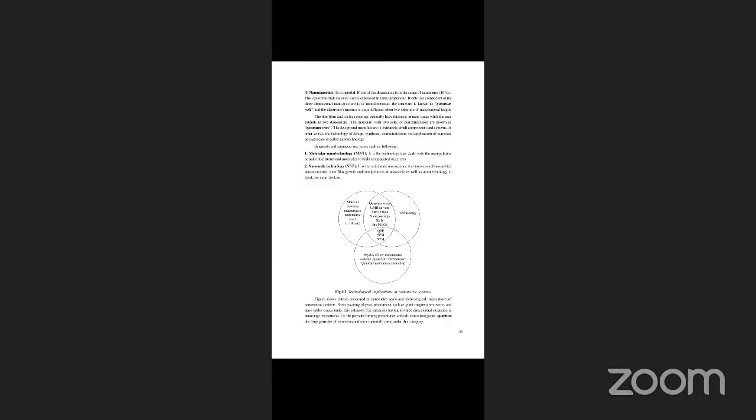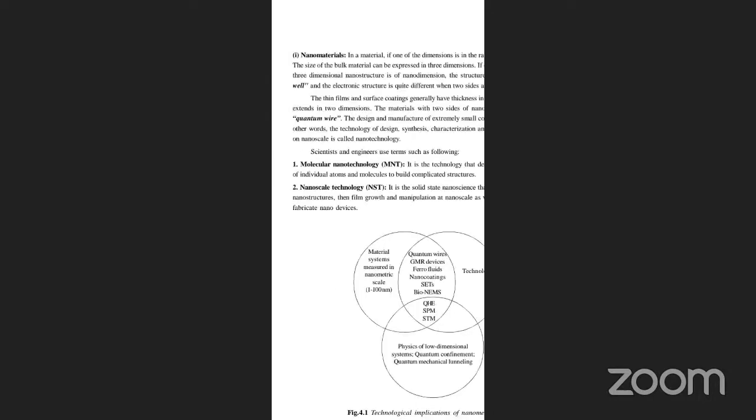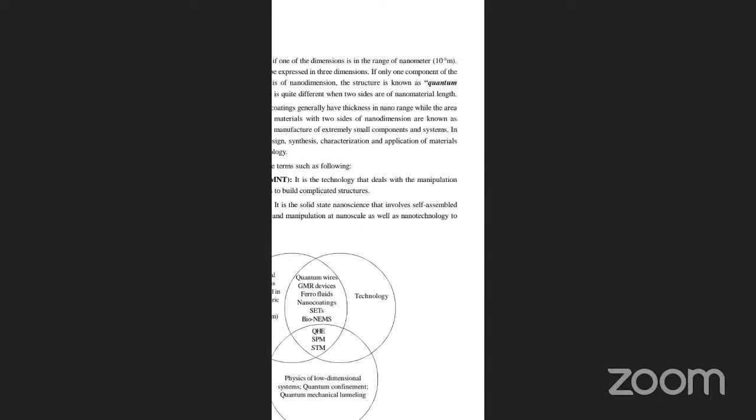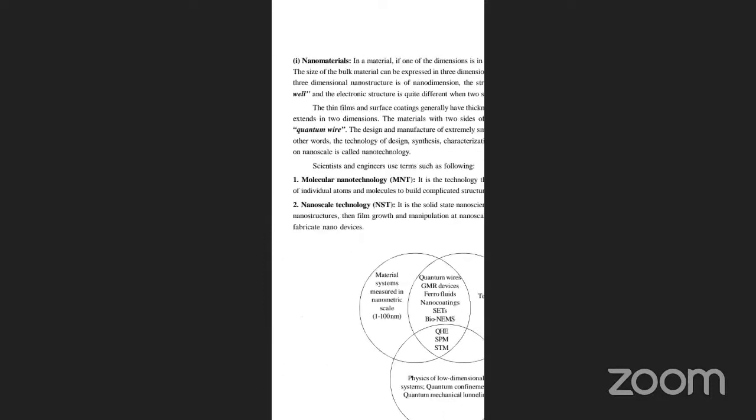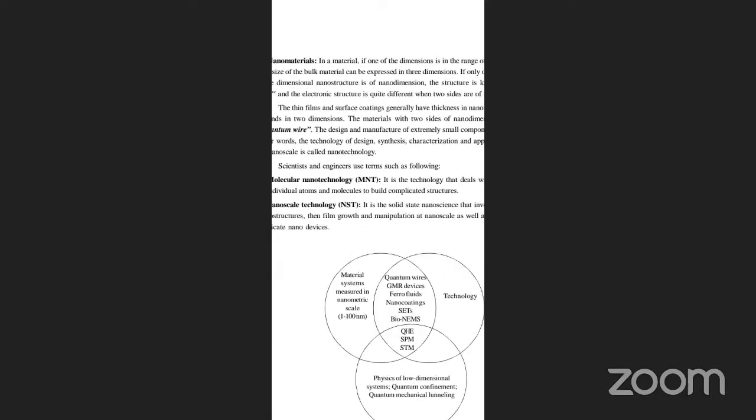Next, nanomaterials. In a material, if one of the dimensions is in the range of nanometer, 10 power minus 9 meter, the size of the bulk material can be expressed in 3 dimensions. If only one component of the 3-dimensional structure is of nano dimension, the structure is known as quantum well, and the electronic structure is quite different.